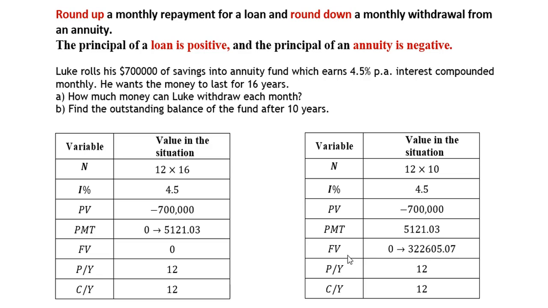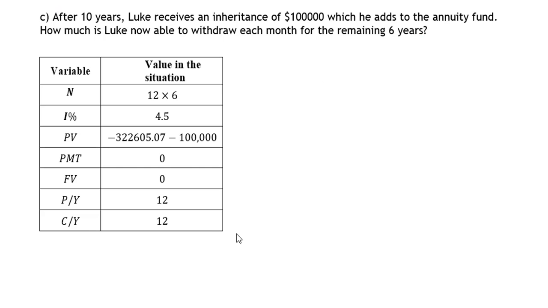Then you're looking for the future value, which will be the outstanding balance. Let's go to C. After 10 years, Luke receives an inheritance of $100,000, which he adds to the annuity fund. How much is Luke now able to withdraw each month for the remaining 6 years?